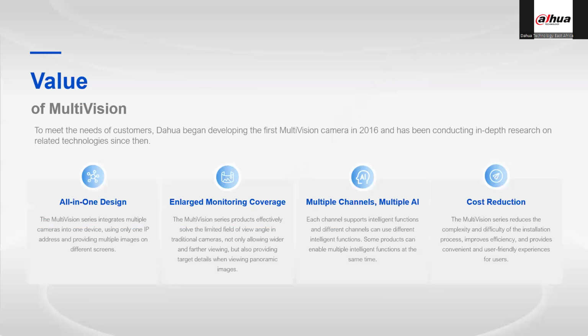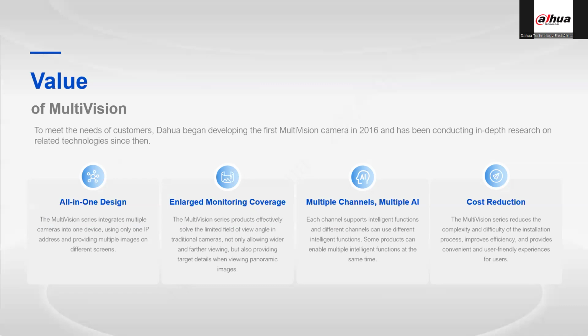So one is that you're going to have what we call all-in-one design, meaning that you can combine multiple cameras in one casing so that you minimize, for example, some other additional costs, which is going to be explained much more. Then we have enlarged monitoring coverage because of the ability of creating that seamless panoramic display.